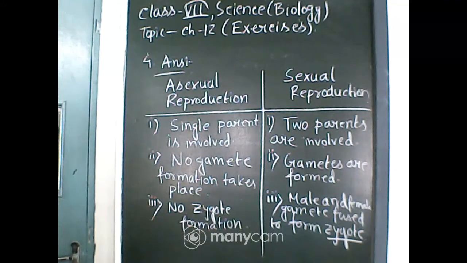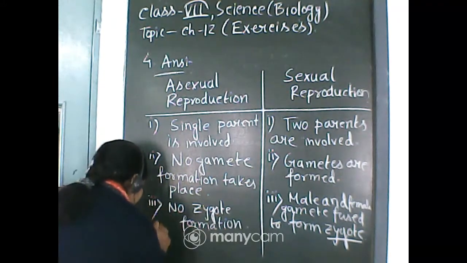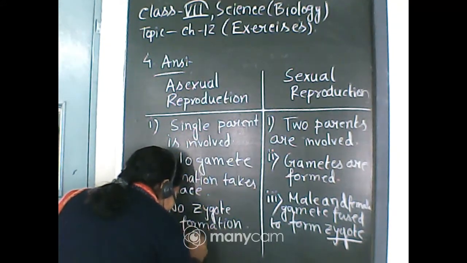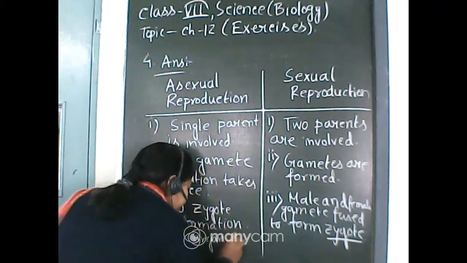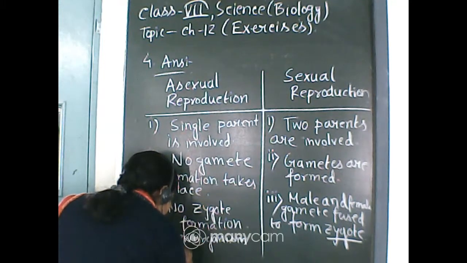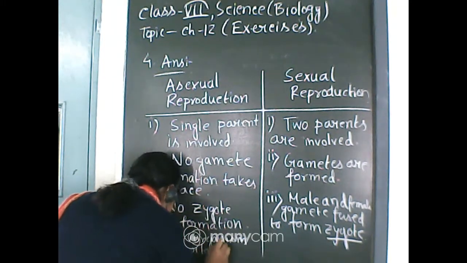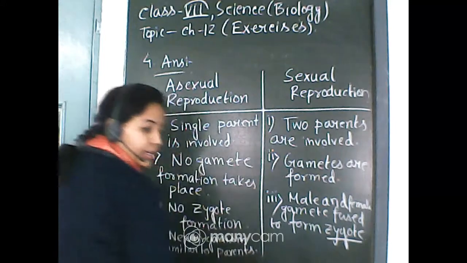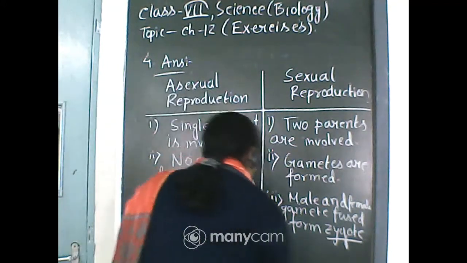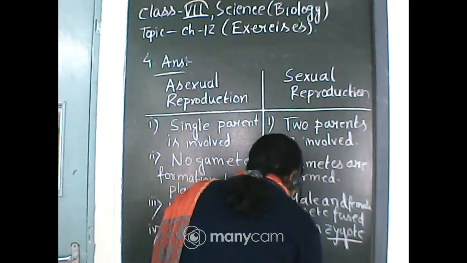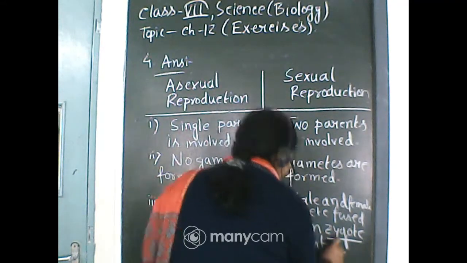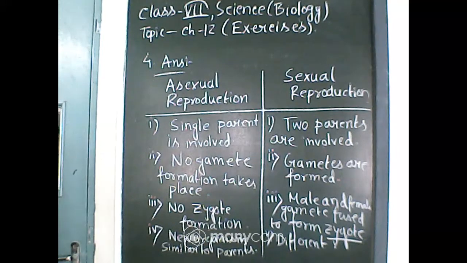Now the last point I must write: in asexual reproduction the new organism is similar to the parent, and in sexual reproduction the new organisms are different from the parents.